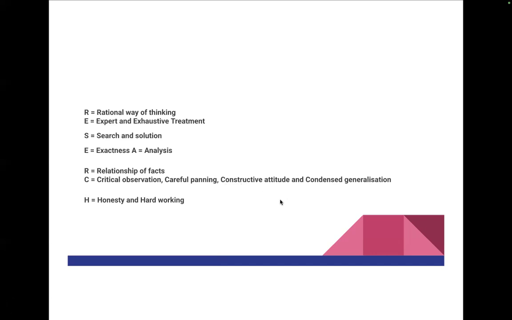Now, what exactly do you mean by the term attitude? Here, in C, we have written critical observation, careful planning, constructive attitude, and condensed generalization. I have already discussed what generalization means, right? Generalization is a very important term in research methodology.